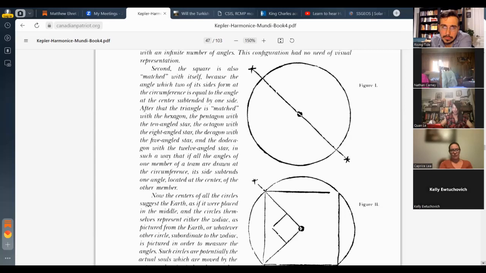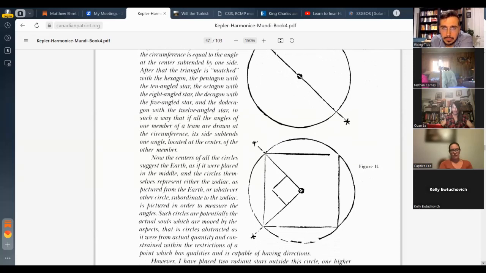After that, the triangle is matched with the hexagon, the pentagon with the 10 angle star, the octagon with the 8 angle star, the decagon with the 5 angle star, and the dodecagon with the 12 angle star, in such a way that if all the angles of one member of a team are drawn at the circumference, its side subtends one angle located at the center of the other member.